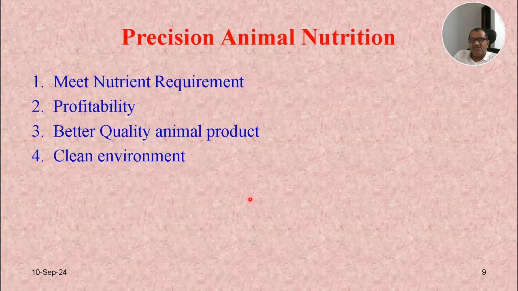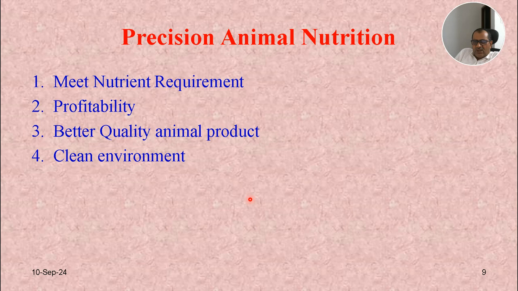Then, precision animal nutrition means the animal nutrition needs to be precise, especially. Hence, we need to give the proper nutrient requirement to the animals.